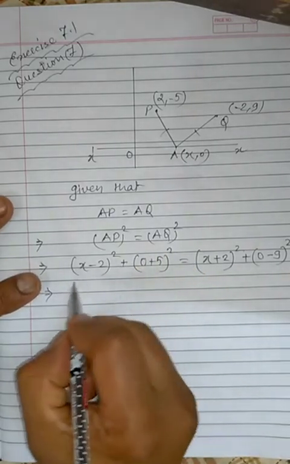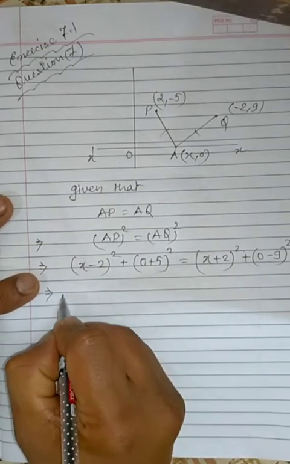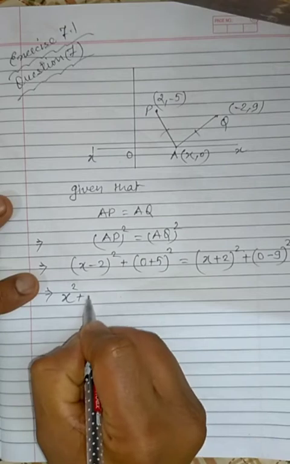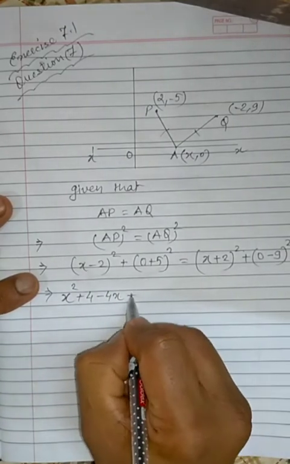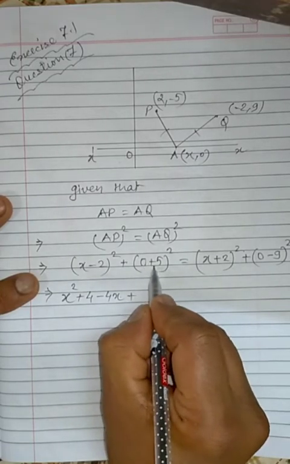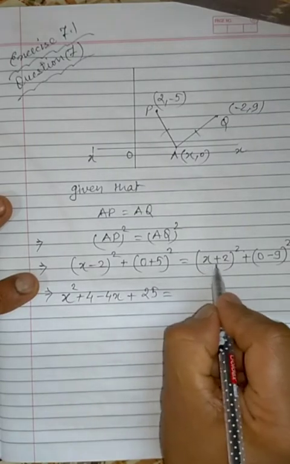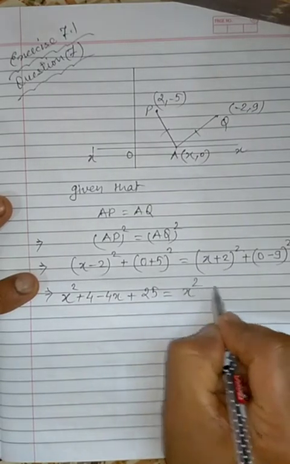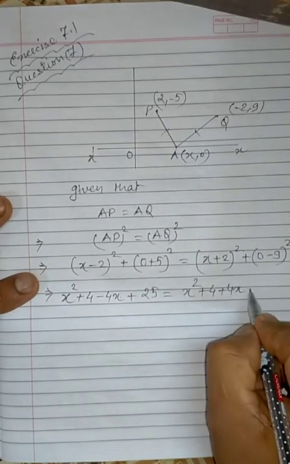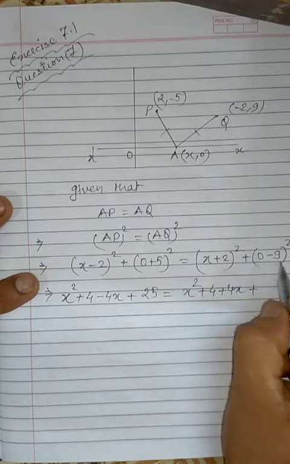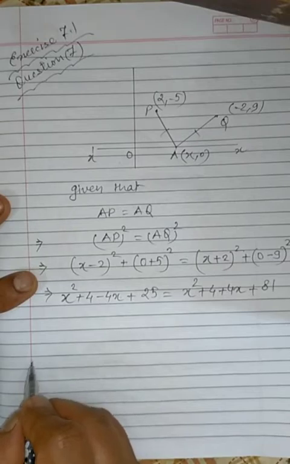So let us solve it by applying a minus b the whole square. So x square plus 4 minus 4x plus 0 plus 5 is 5 and 5 square is 25 is equal to, applying a plus b whole square, we get x square plus 4 plus 4x plus 0 minus 9 is minus 9 and minus 9 square is 81.